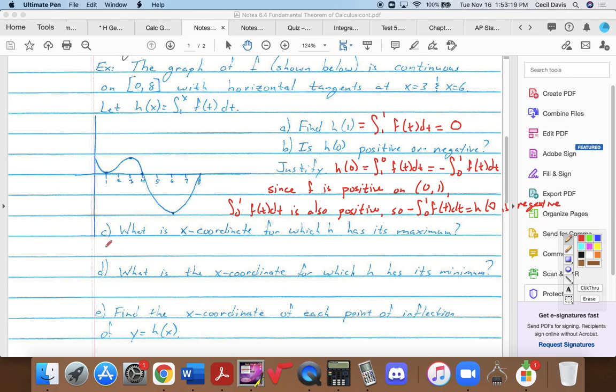And since this is a closed interval, we can use the candidates test. We already know some things about it, but we'll go on. So I'll take the derivative first. H prime of x by the fundamental theorem is f of x.